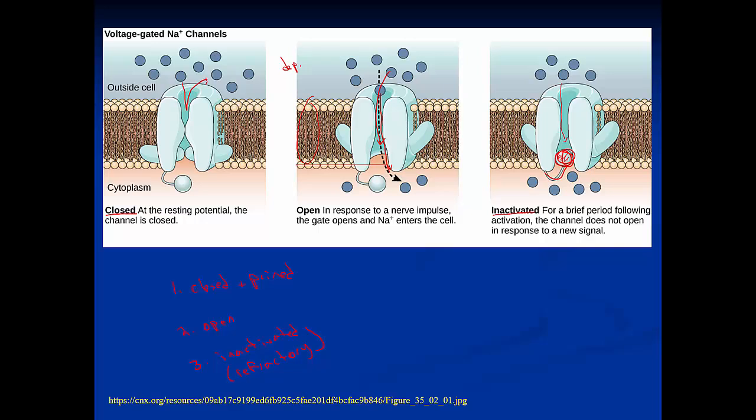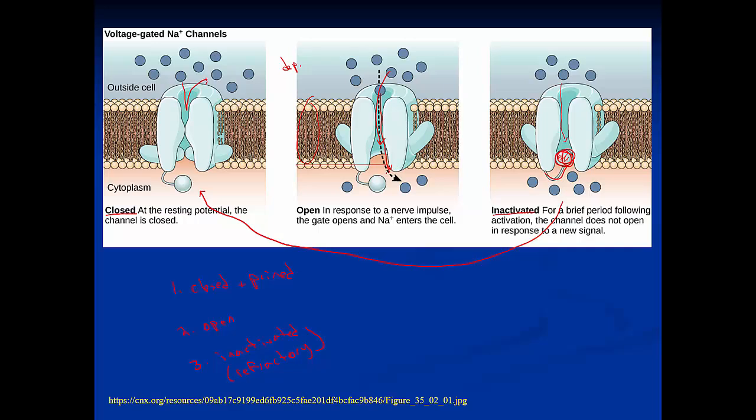Over time then, when the membrane potential is restored, time goes off, we're going to cycle from this back to this state. So three states of the voltage-gated sodium channel: closed but ready to respond, open, or refractory. And for this class, that's it.